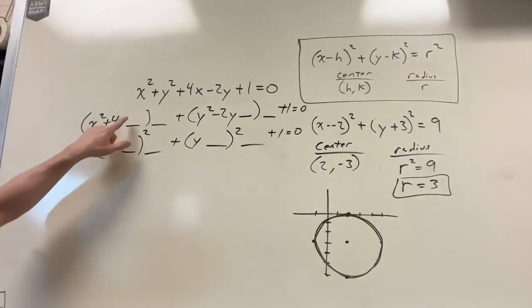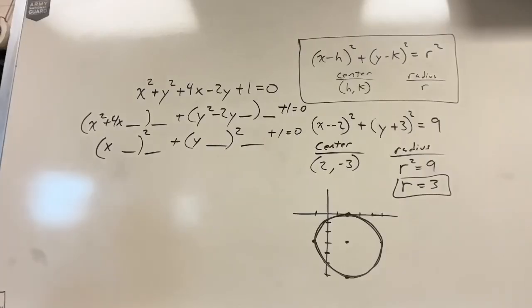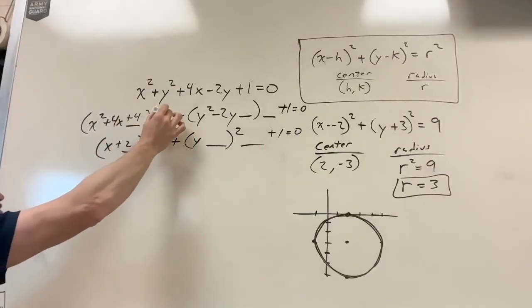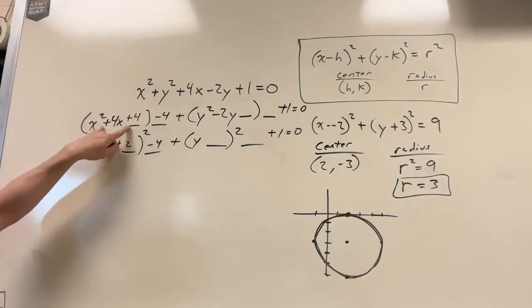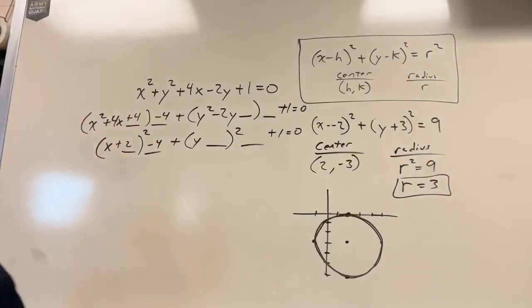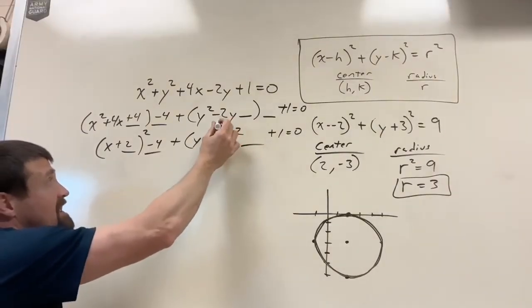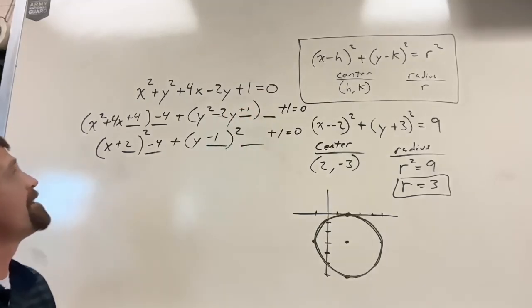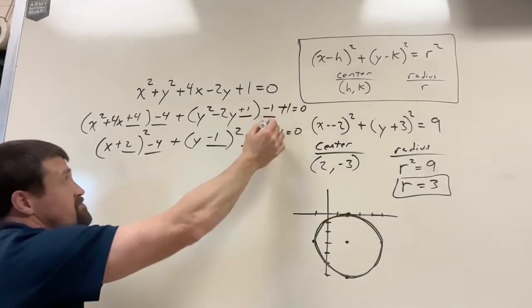So we're going to create a perfect square here by taking half of 4, which is 2, and squaring it and getting 4 and then subtracting the 4. So we've completed the square in the x. And again, you can go see the other video for more details there. Now complete the square in the y. We'll take the -2 and cut it in half. We'll square it, and we subtract it. So cut it in half, square it, subtract it.